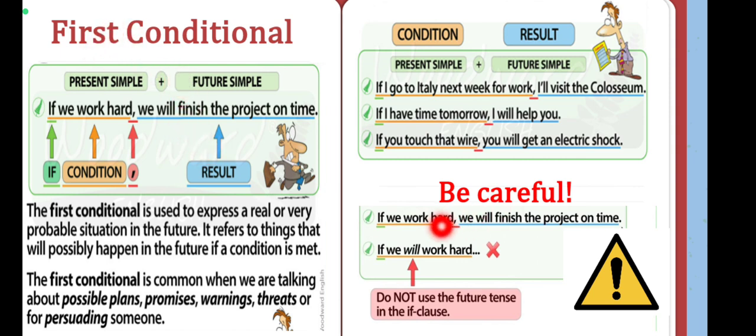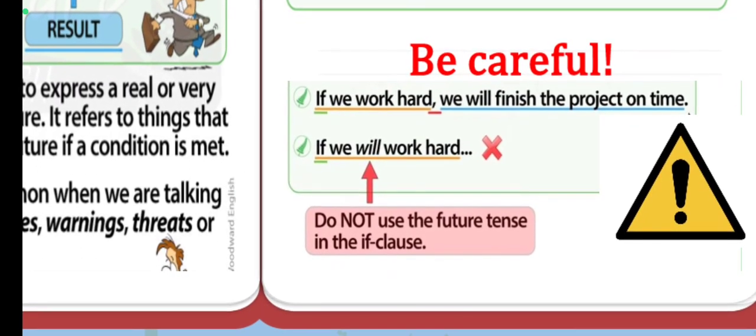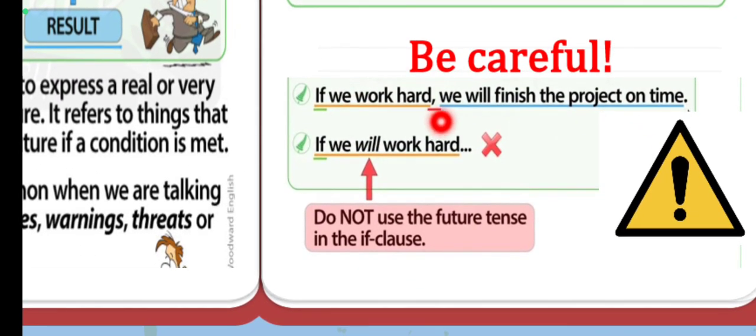So here we have a normal mistake. If we work hard, we will finish the project on time. This is great because here we have the conditional clause, present simple, we work, and here we have the result clause, we will finish, which is future simple.